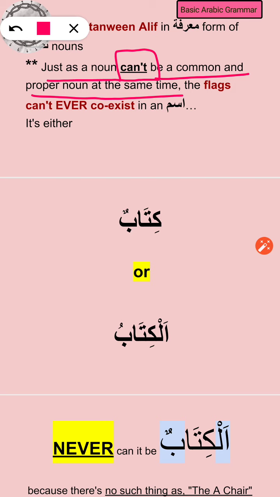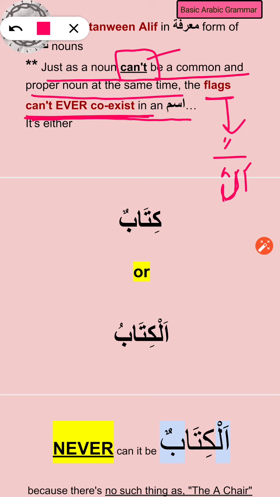Just as a noun cannot be a common and proper noun at the same time, the flags, now what do I mean by this? The flag of common noun is the tanween, and the flag of ism marfa is al.